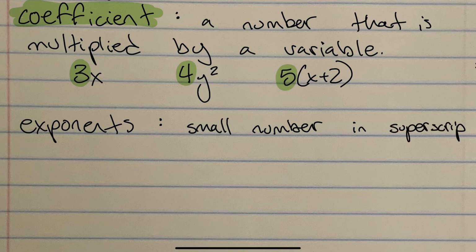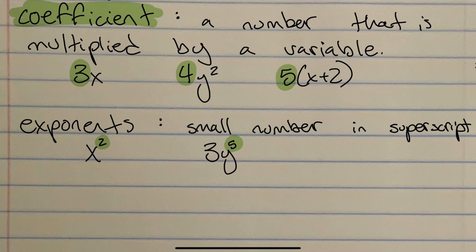When I say superscript, I mean that it's above all of the other numbers. So if we had x squared, that little 2 would be the exponent. Or if we had 3y to the 5th power, that 5 would be our exponent.